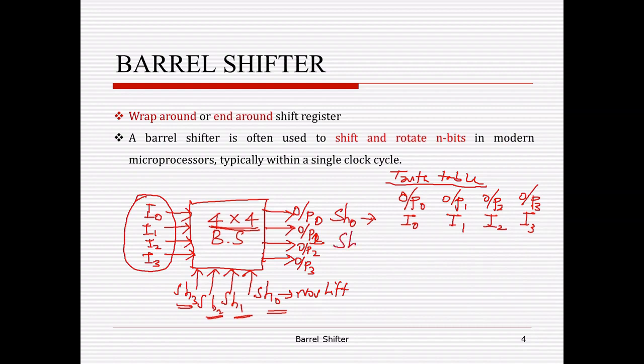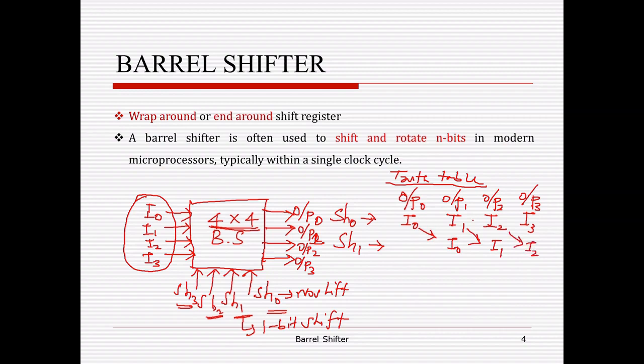When the barrel shift register receives the command SH1, it means a 1-bit shift. With that control signal, output 1 is mapped with I0, output 2 is mapped with I1 and output 3 is mapped with I2.